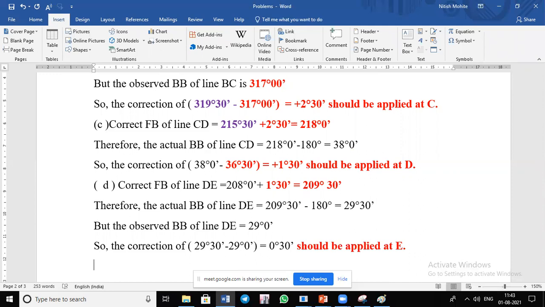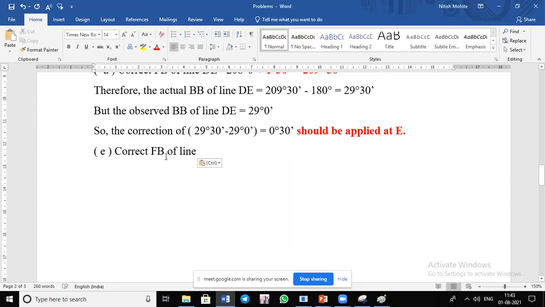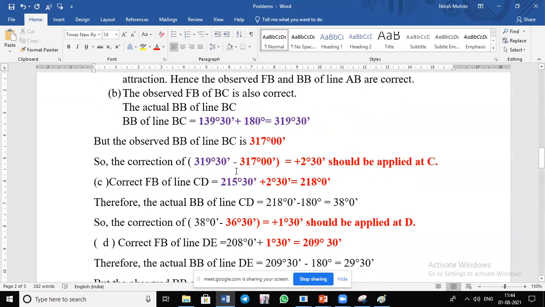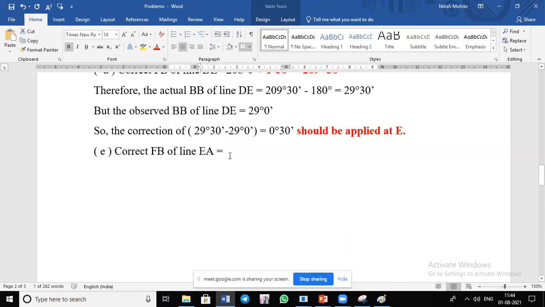Now we are at the final stage in order to calculate the correct forebearing. Okay. So correct forebearing of line EA will be how much? This angle that is correct and this 318 degree. This is the observed plus correction that we are going to add.